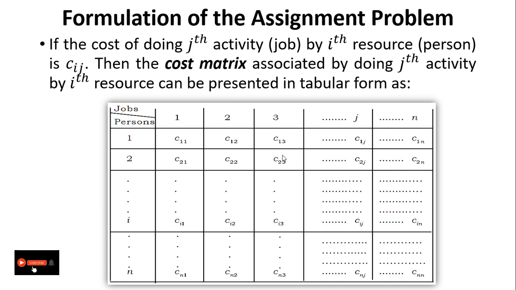So after formulating the assignment problems in a tabular form like this one, now we are in a position to formulate an assignment problem from this tabulation form into a mathematical model, which is LP model.